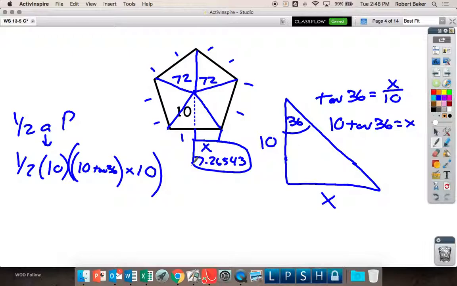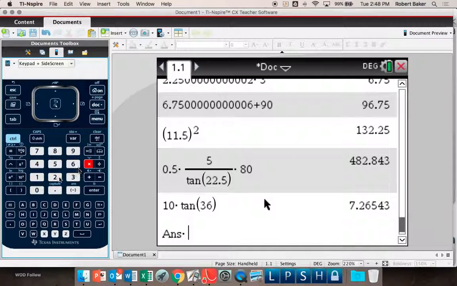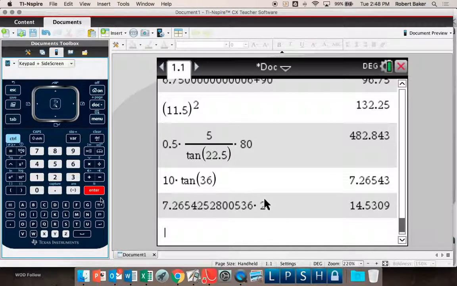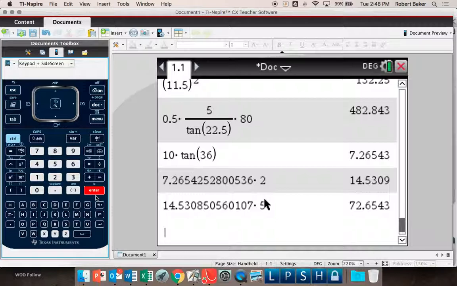So you can double it and get the whole side length. So one side length is 14.53, and how many sides does that shape have? So the perimeter of that shape is 72.6543.